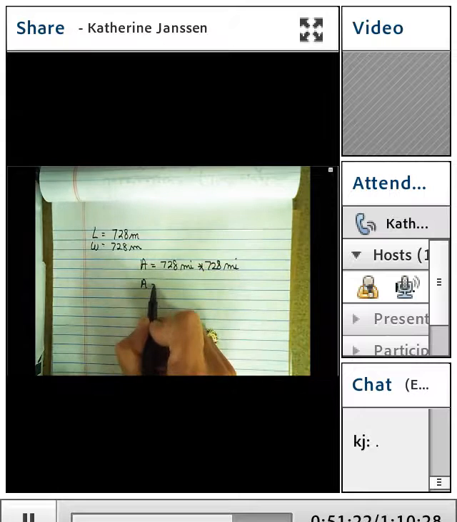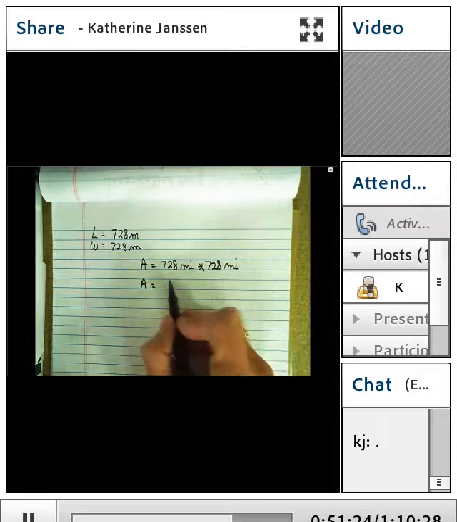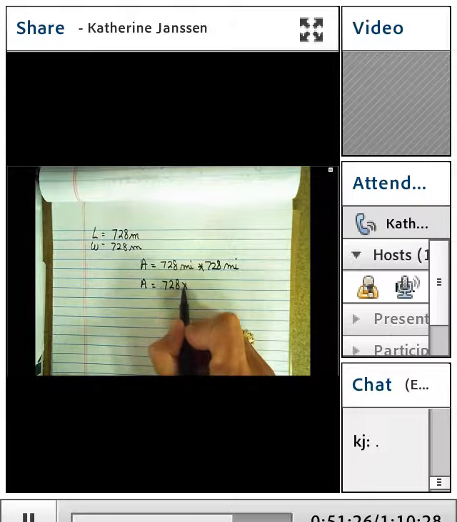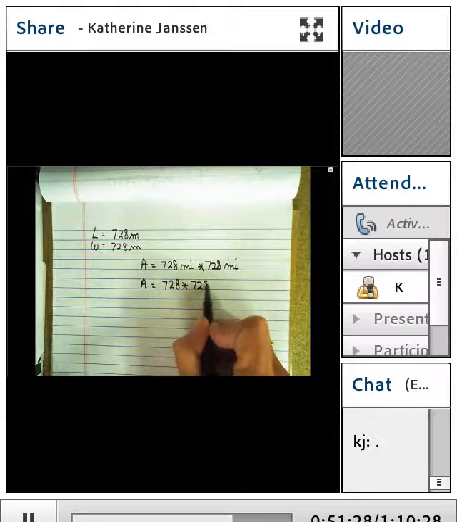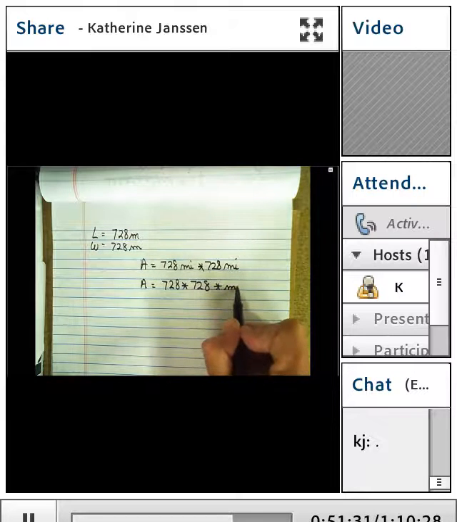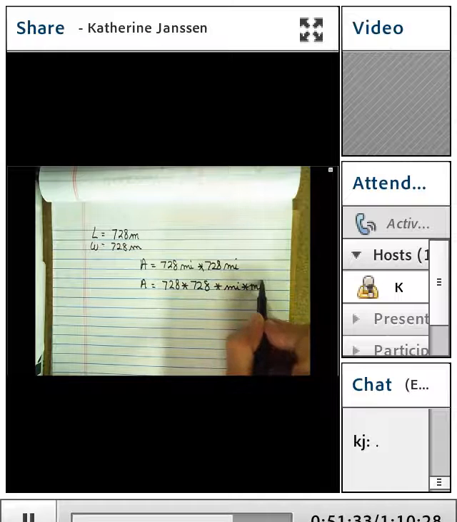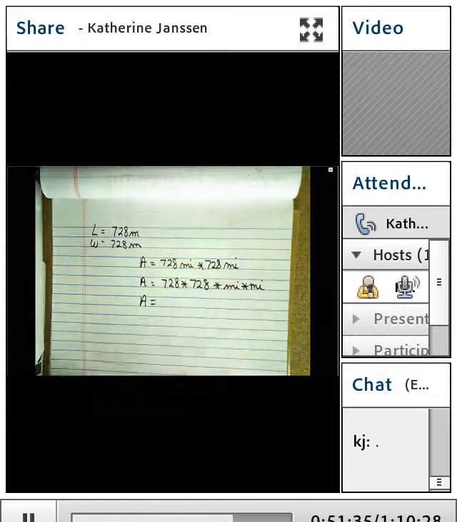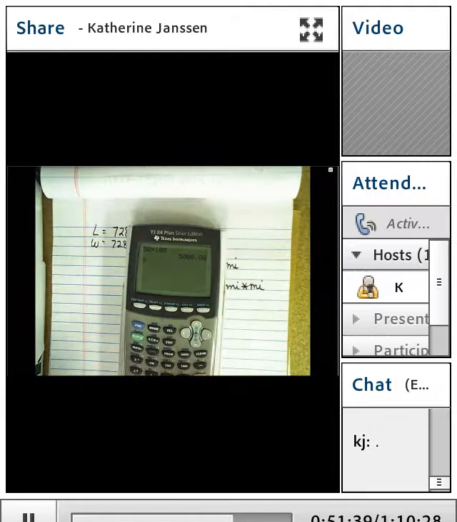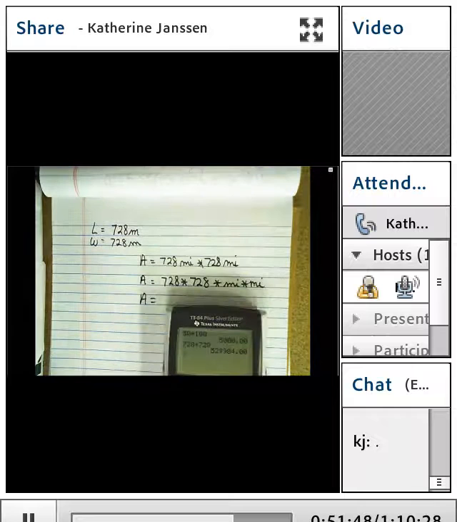Area is equal to, I'm going to gather my constants in multiplication and my unit measurement. Area is equal to 728 times 728, and I get 529,984.